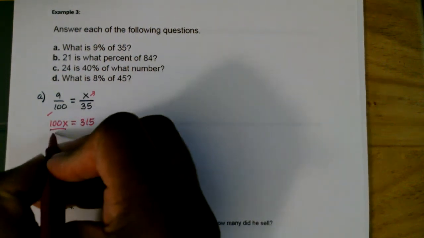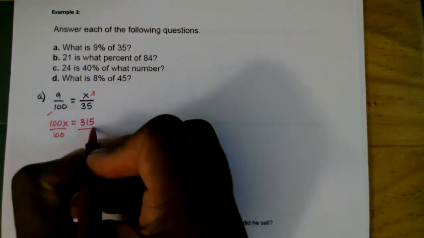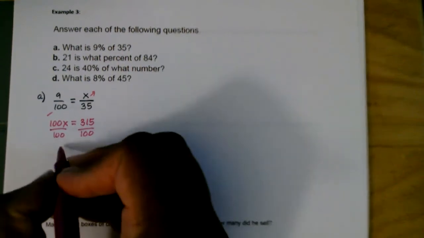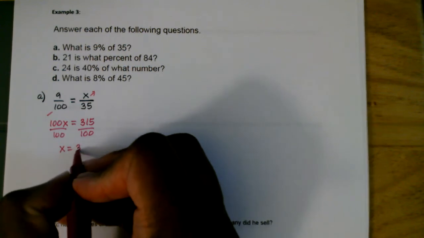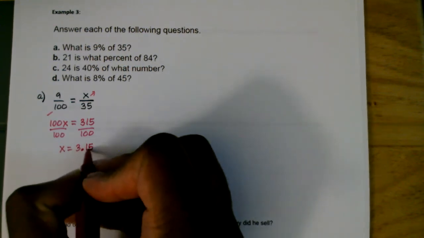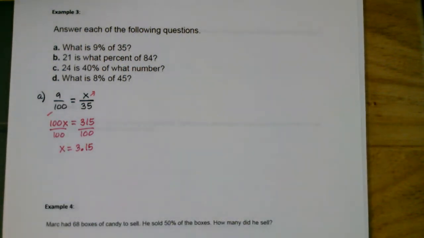Now to solve for X, since X is being multiplied by 100, we divide both sides of this equation by 100. So that means X is equal to 3.15, from 315 divided by 100. Okay. So that's part A.